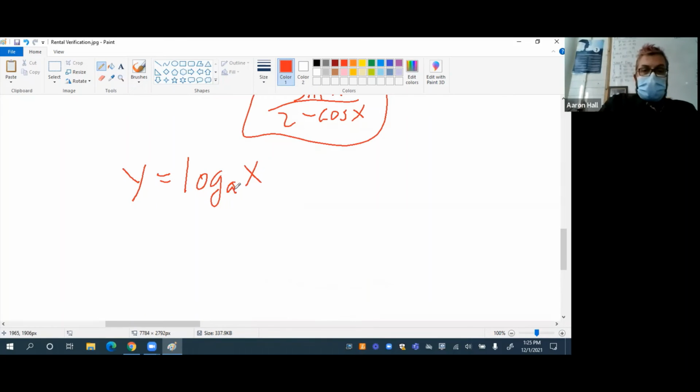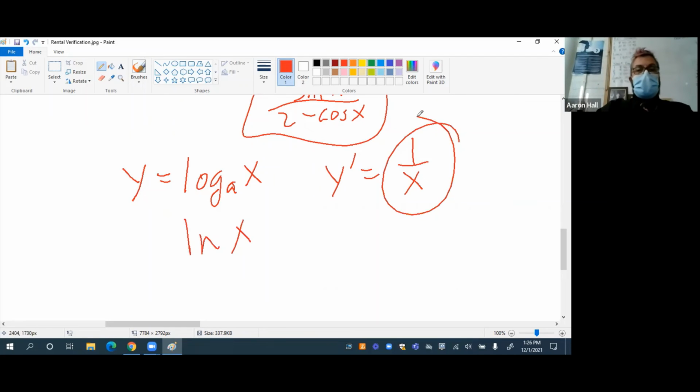The derivative of this, I'm going to write it to the side here. This is our last flashcard. The derivative of ln of x is 1 over x.